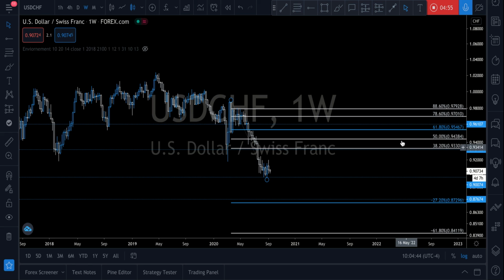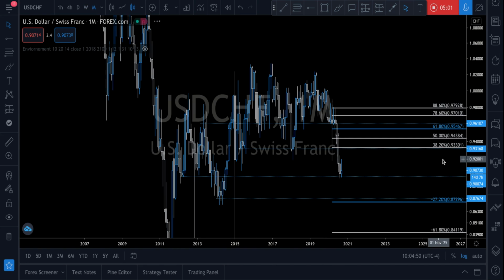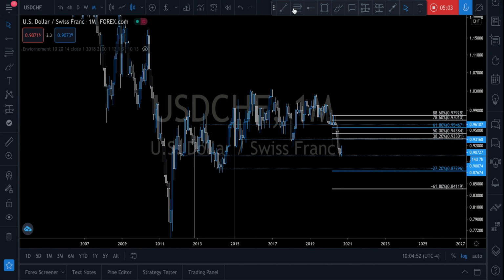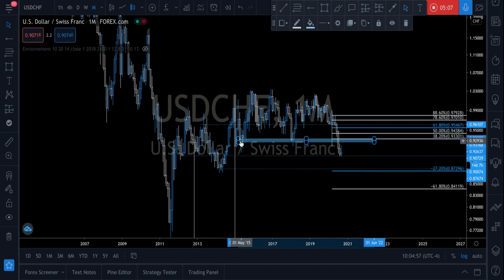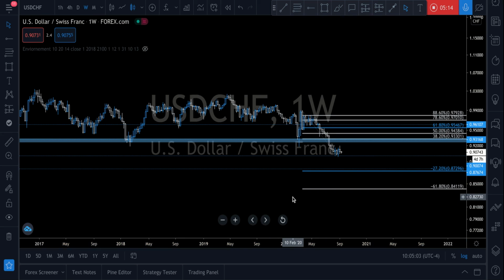Now, the first area that we're interested in is this 38 fib level, and I'm going to tell you why, by going back to the monthly time frame. So look at this area of structure right here. We were initiated, tested, and then if we go down to the weekly time frame, we could see that we were confirmed.